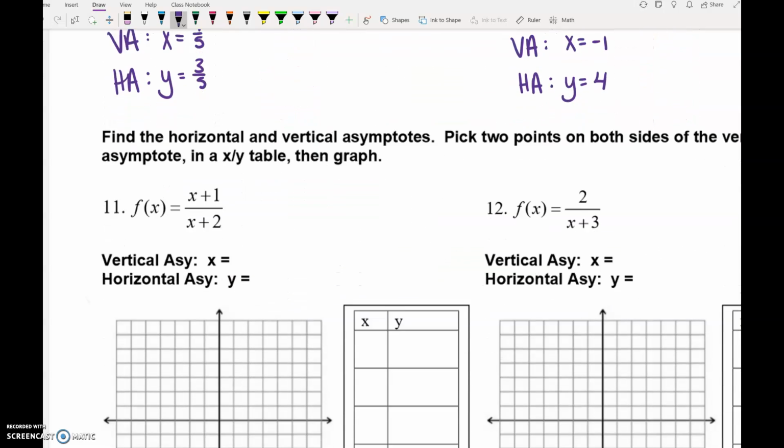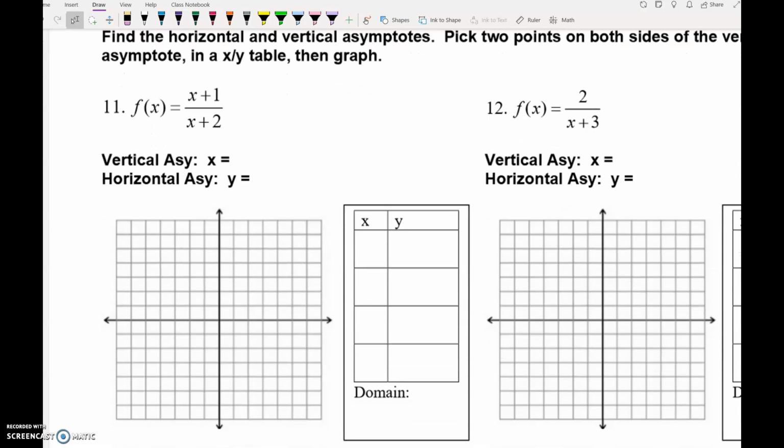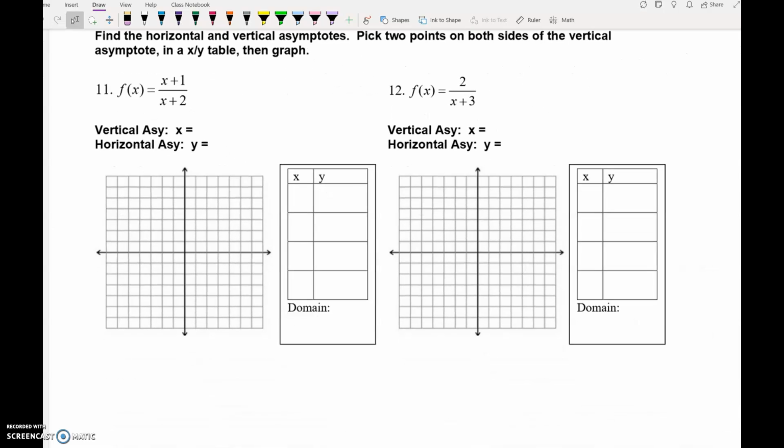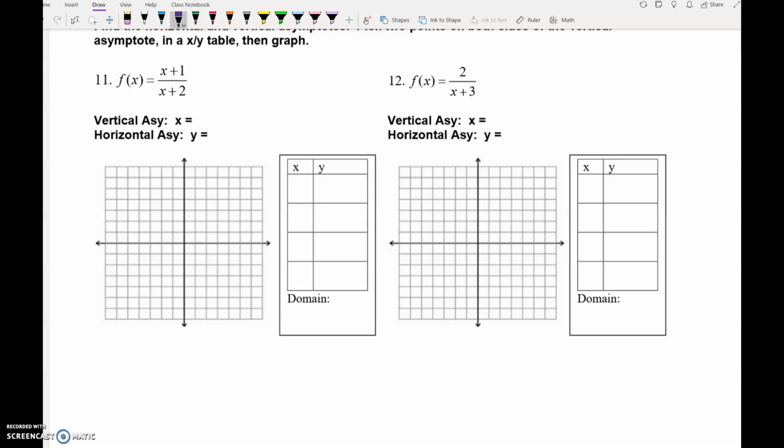On these two where the notes want us to graph, oh, hey, my range didn't show up here, so we need to add range down here. That's cool. Again, pause the video and find the vertical asymptote, horizontal asymptote, the domain, and the range.